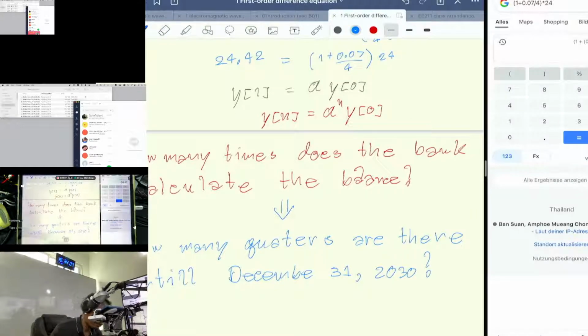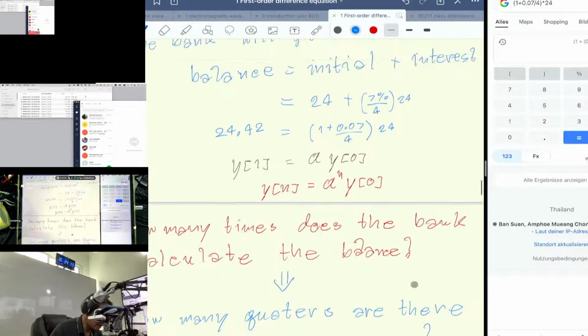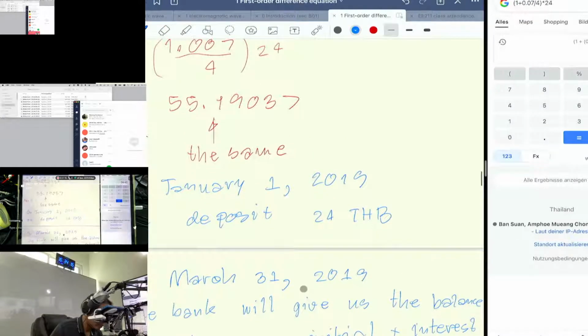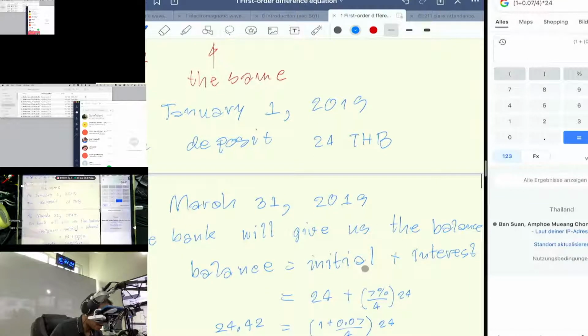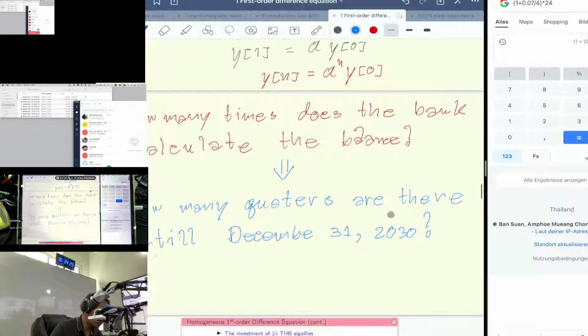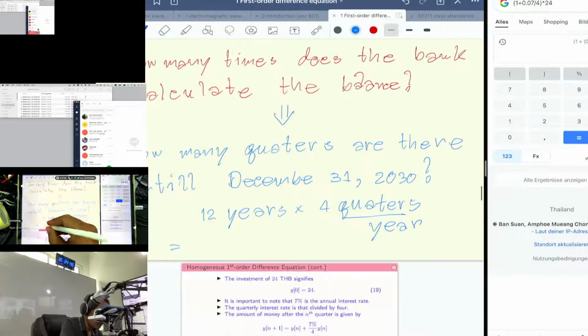From 2019 to 2030, there are 12 years, times 4 quarters per year, so it's going to be 48 quarters.